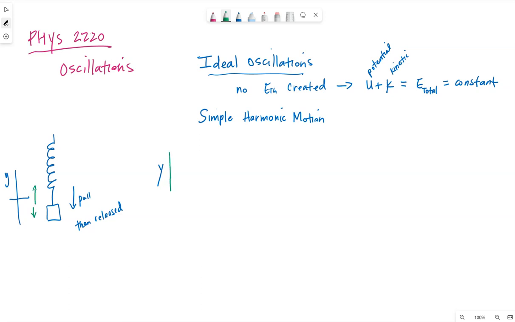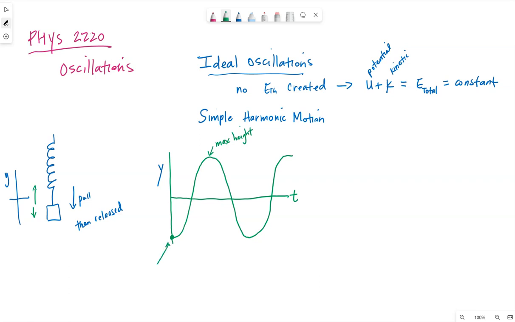We could graph that versus time. Since I pulled the mass downwards and released, I would start my position graph at the lowest possible value where I pulled the mass down to, and then it oscillated up to a maximum height. This is where I pulled it to.